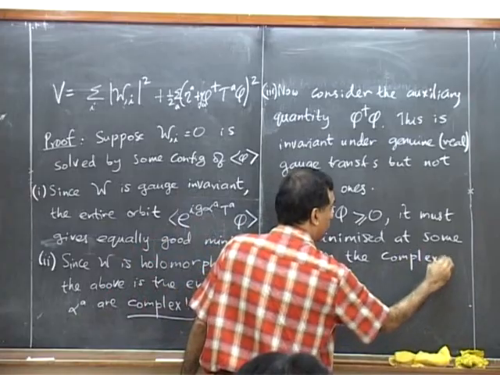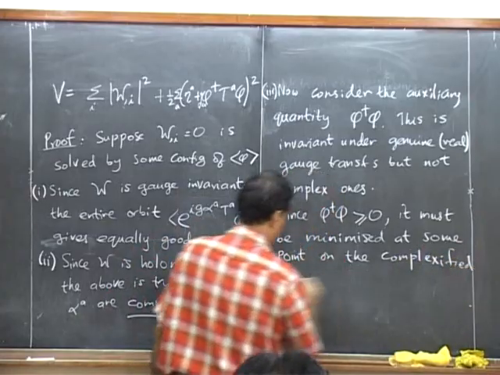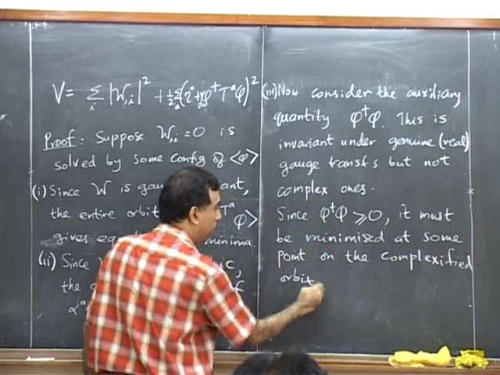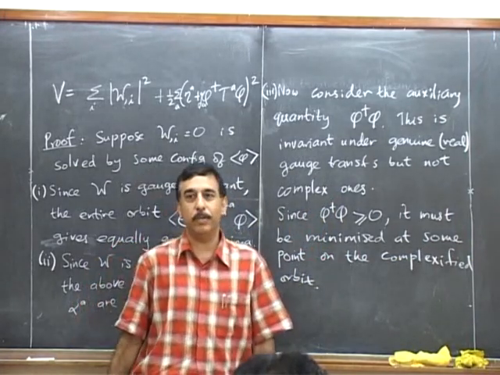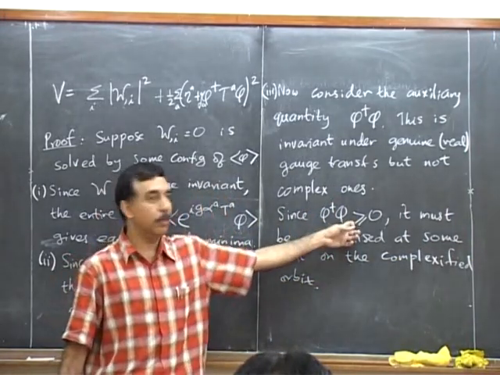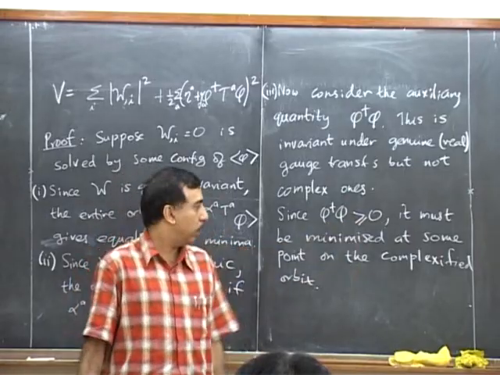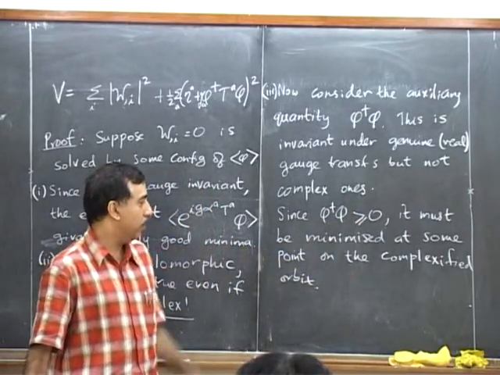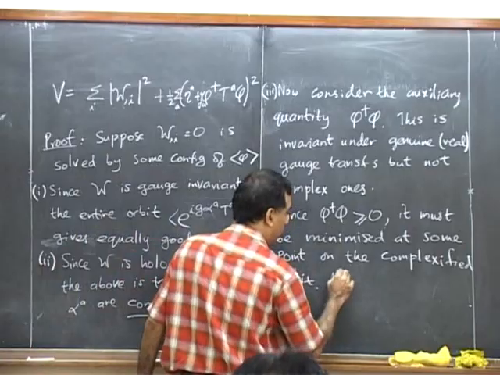It's invariant along the real orbit. It varies along the complexified orbit. By the way, it varies, but it never fails to be positive definite because it's always dagger of something times itself. Okay? So since it's that, it must be minimized somewhere.